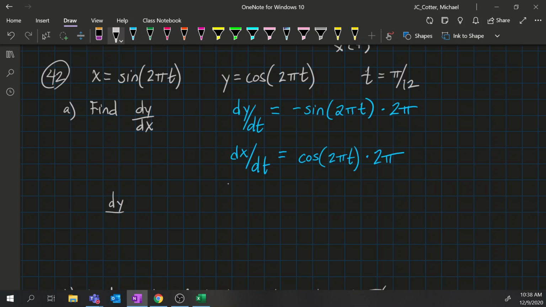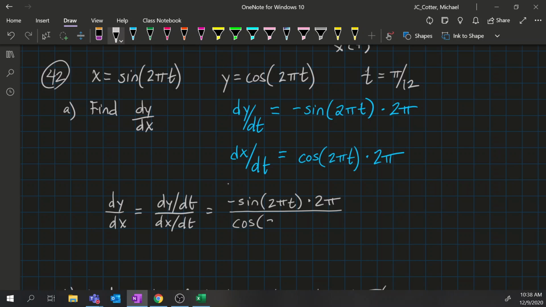dy dx is going to be dy dt over dx dt, which we just figured out. dy dt is negative sine 2 pi t times 2 pi. dx dt is cosine of 2 pi t times 2 pi.